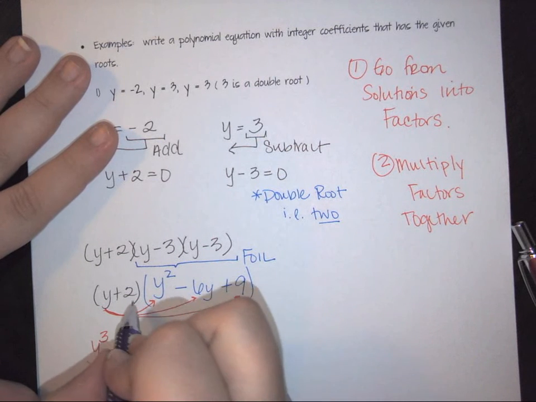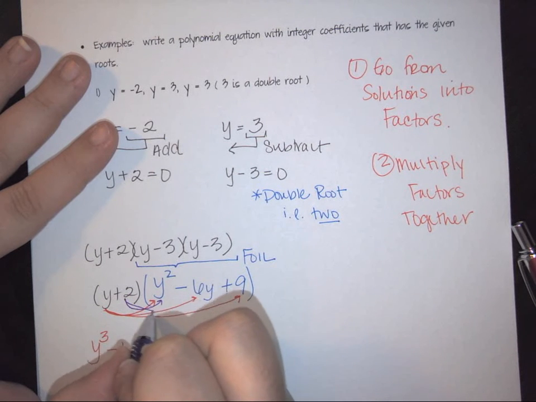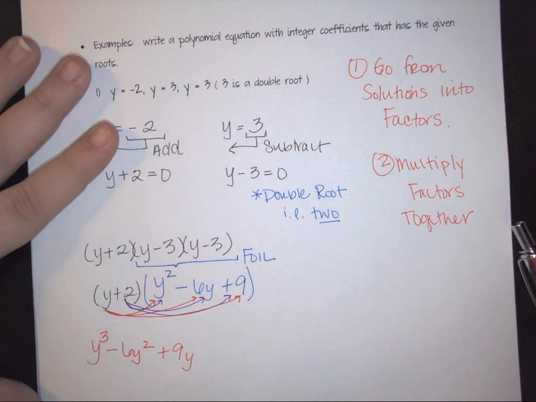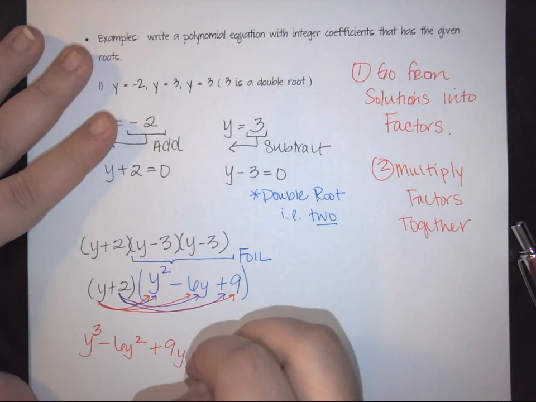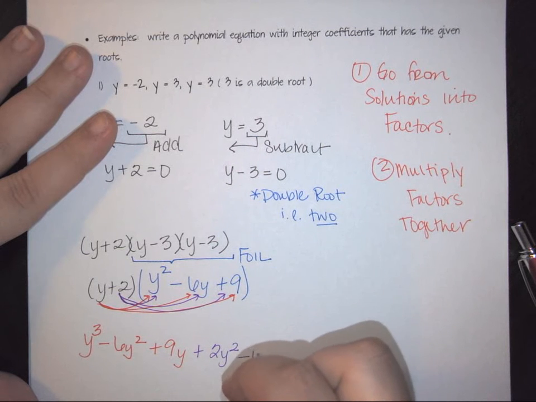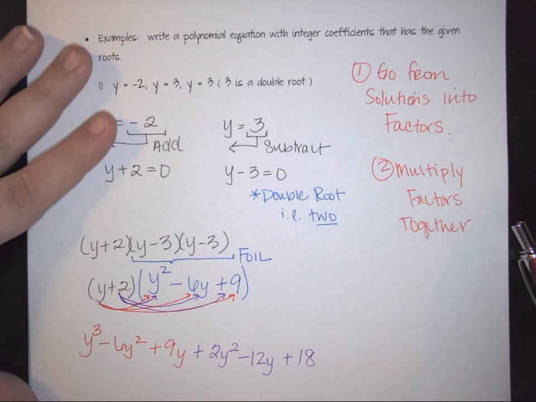I'm then going to take my 2 into the first, the second, and the third. So here this is going to be plus a 2y squared minus a 12y plus 18.